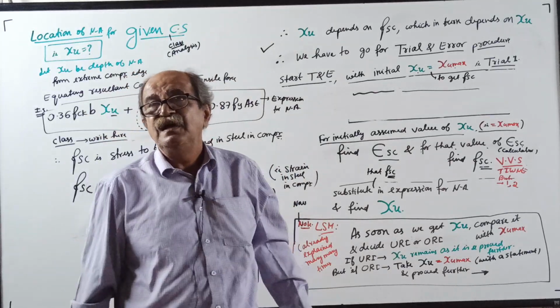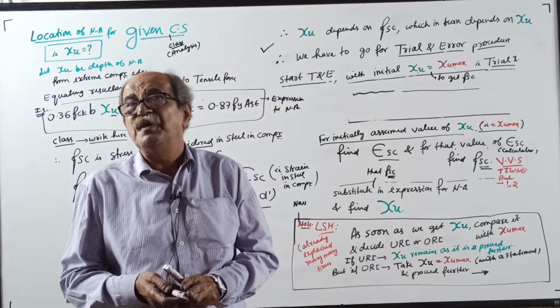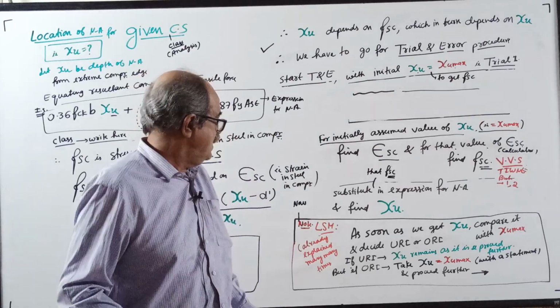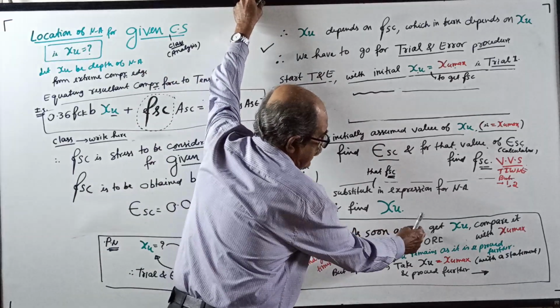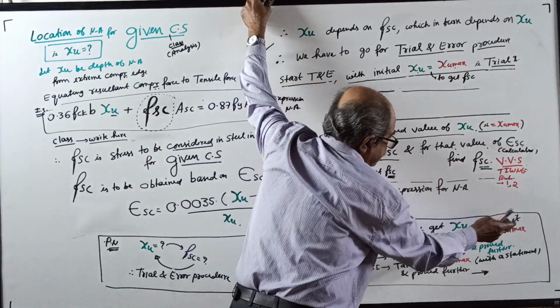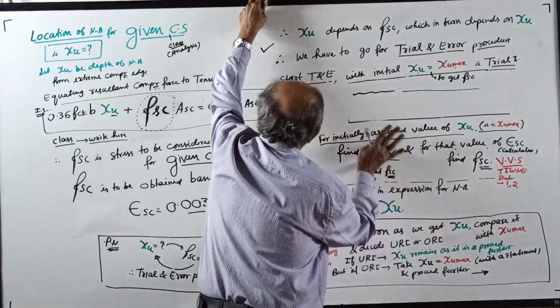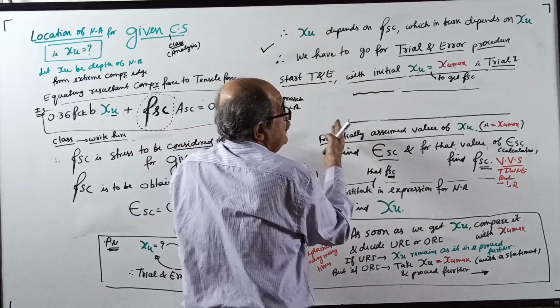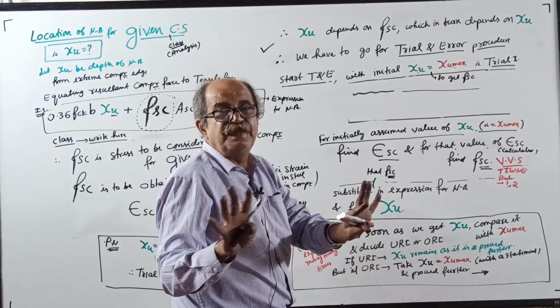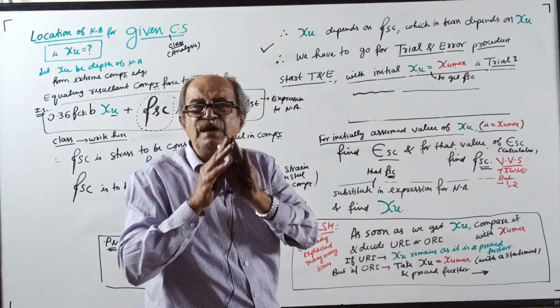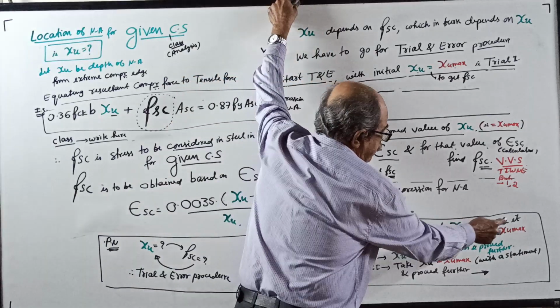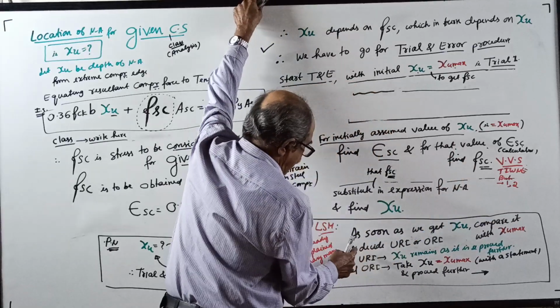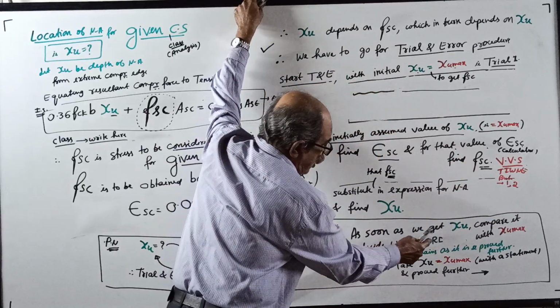Remember it? Less means less, equal means equal, but more means equal. As soon as we get xu, do not bother about this epsilon SC, trial and error, everything forgotten. Compare it with the xu max and decide under reinforced or over reinforced.